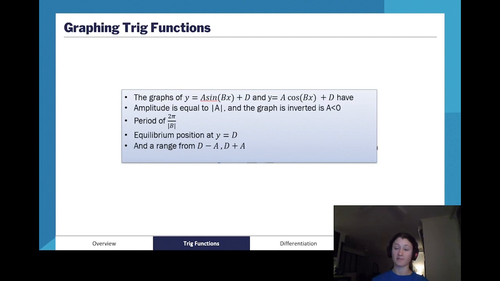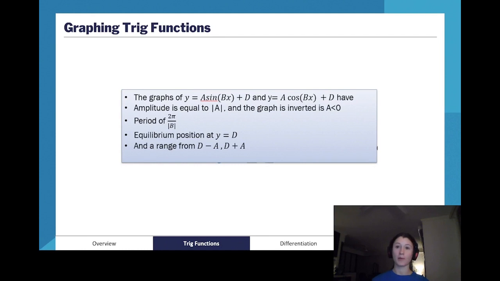So if a is negative, then the graph is inverted, or flipped around the x-axis. Our functions have a period of 2 pi over b. So to find the period, you divide 2 pi by the absolute value of b.